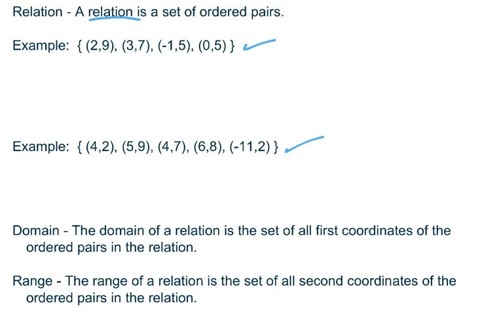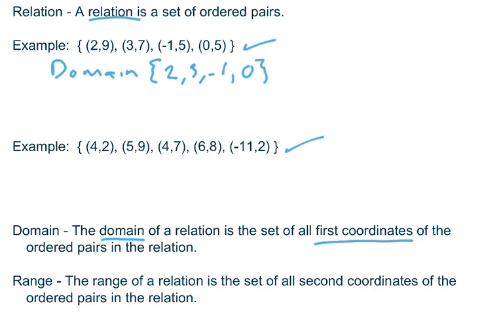But going along with this definition, I want to look at two other definitions. The first one is domain. The domain of a relation is simply the set of all the first coordinates of the ordered pairs in the relation. Let's explore that with these examples. In the first example, the domain is nothing more than the set consisting of the first coordinates of all these ordered pairs: 2, 3, -1, and 0.